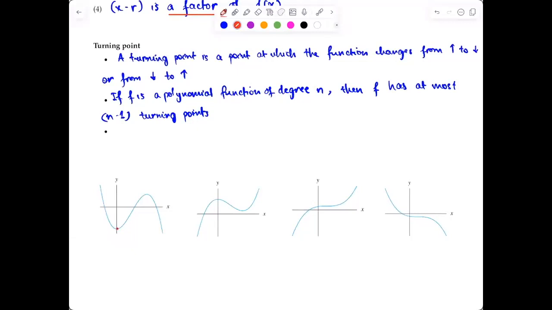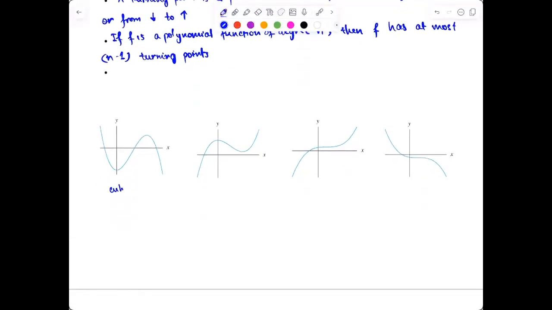So let me indicate a few things here for this graph. All of these are cubic functions.